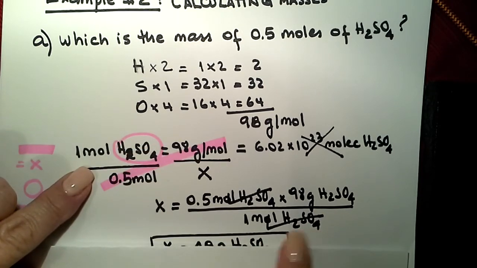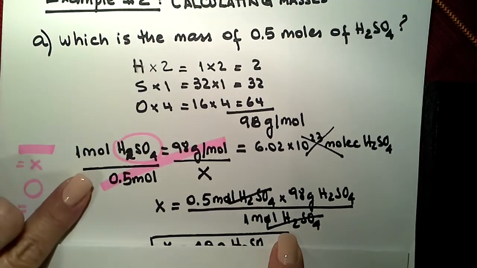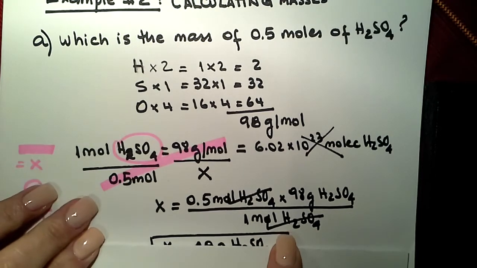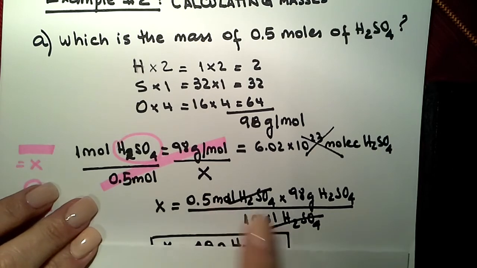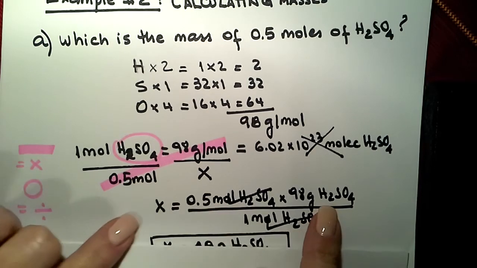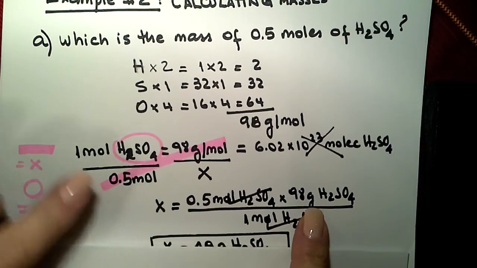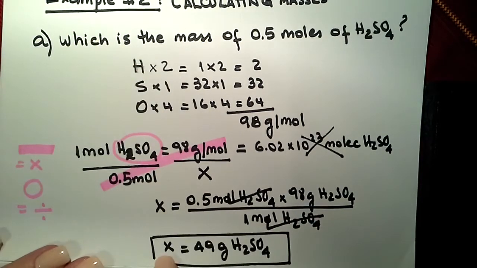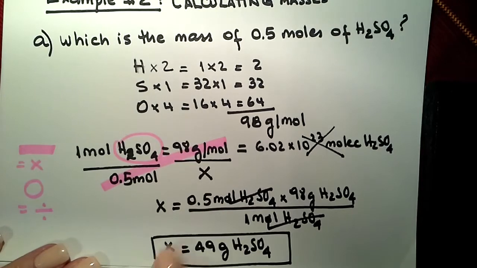Remember that it's important that you put the units. If you don't put the units, you may have the wrong answer and not realize it. In this case, moles and moles are canceled, and my answer is going to be in grams, which I wanted. It says which is the mass. In this case, X is equal to 0.5 times 98, which is 49 grams of sulfuric acid.